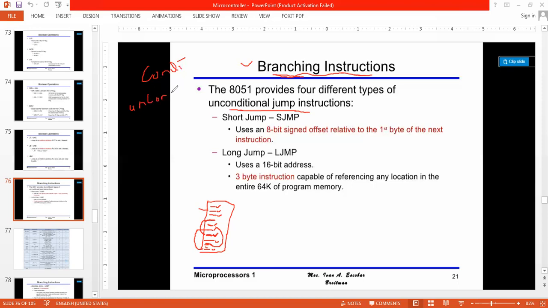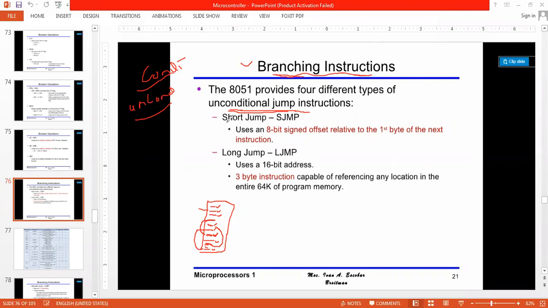Directly the branch is going to happen without any conditions. If I put any condition, then that is going to be considered as a conditional jump instruction or conditional branch instruction. Okay, so let us see some examples over here. Let us go for unconditional jump first.